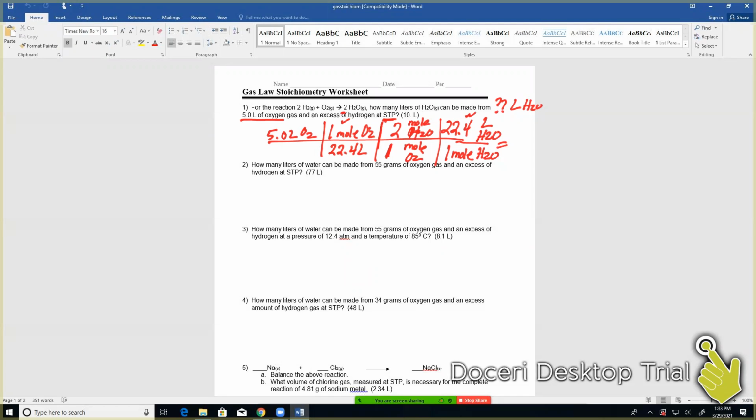That's kind of an odd problem where you would use that 22.4. But if you're at STP and you're doing stoichiometry and you need to get out of liters, then that 22.4 is when you're going to come in. And you should get 10.0 if I've done my math correctly.